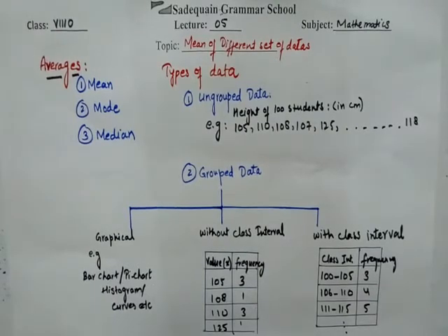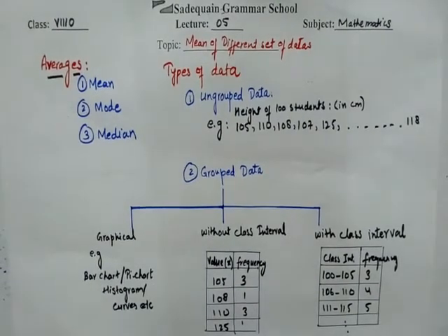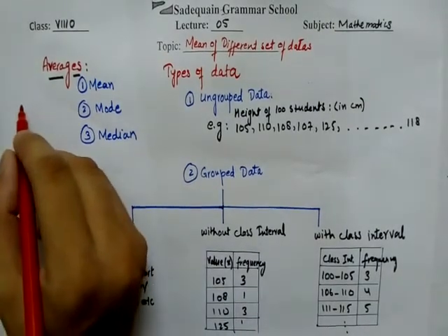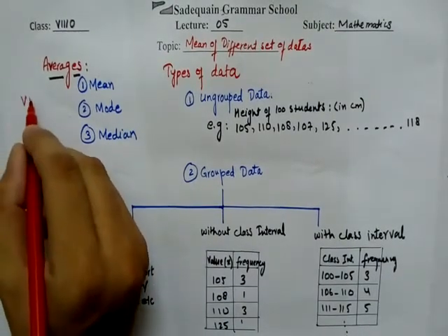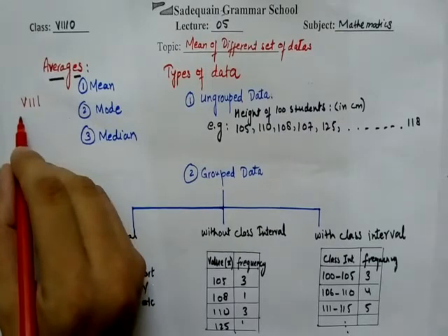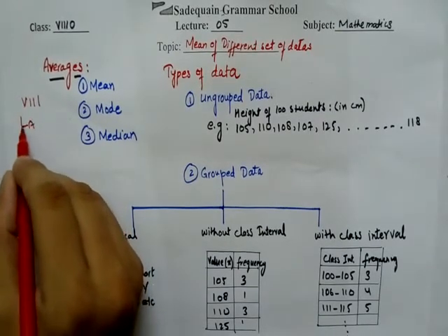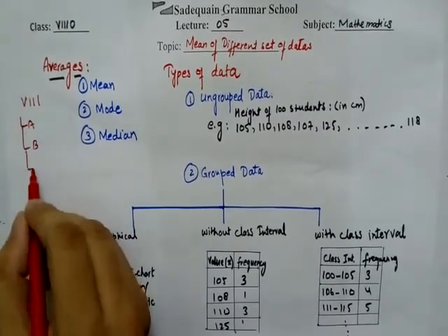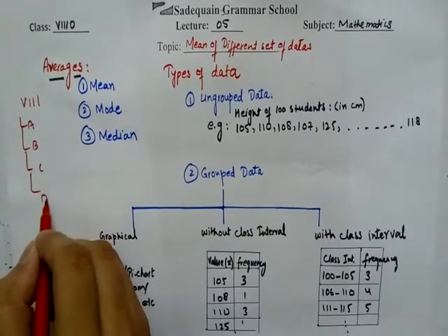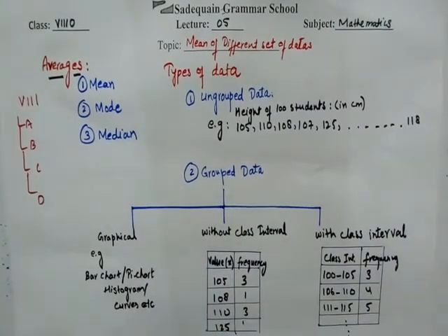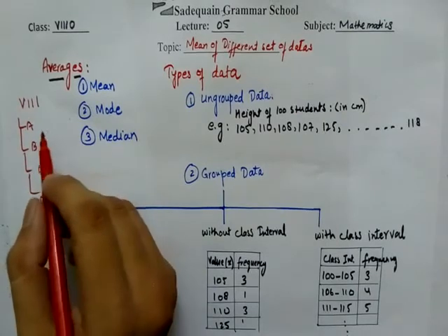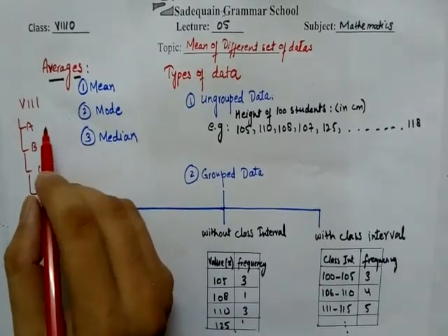Grade 8 has section A, section B, section C, section D.